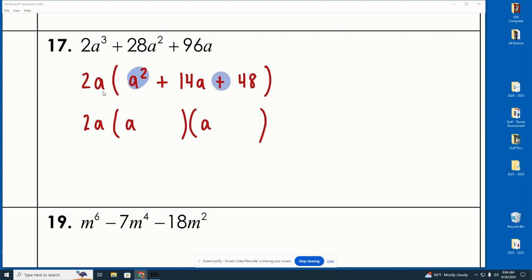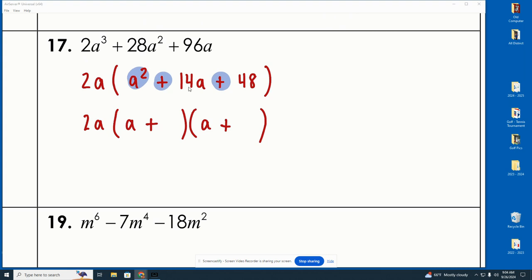What are my options? How do I know which one it is? The middle sign tells me they're both going to be positive. Which also tells me that whatever 2 numbers I pick, they have to multiply to get 48, but those same 2 numbers have to combine to get 14.